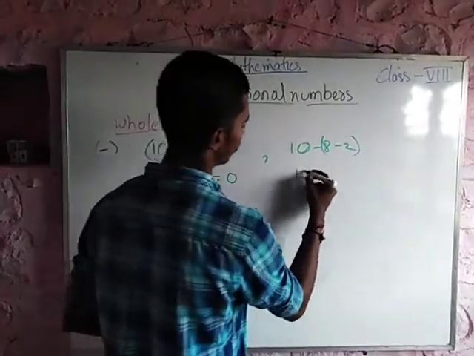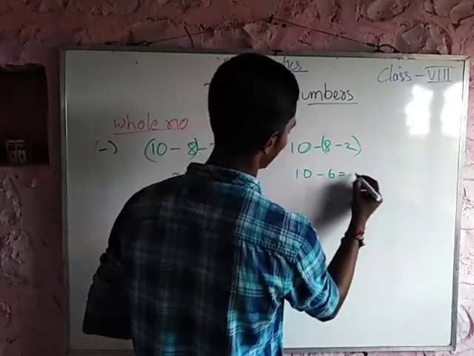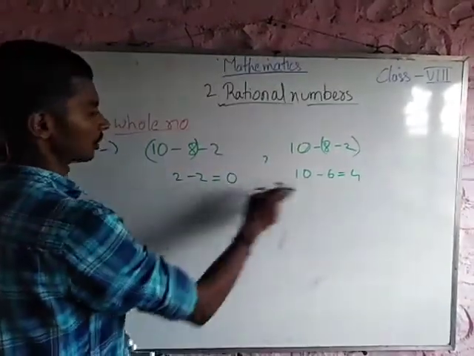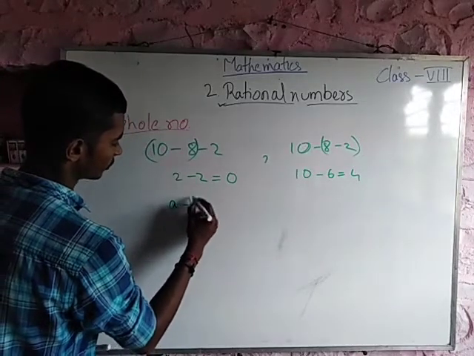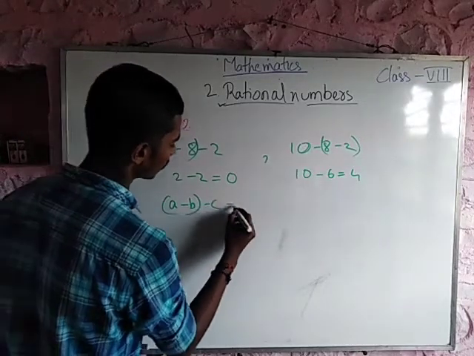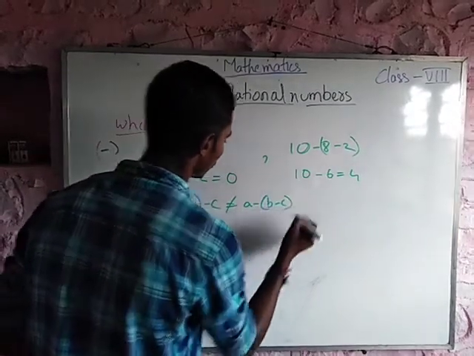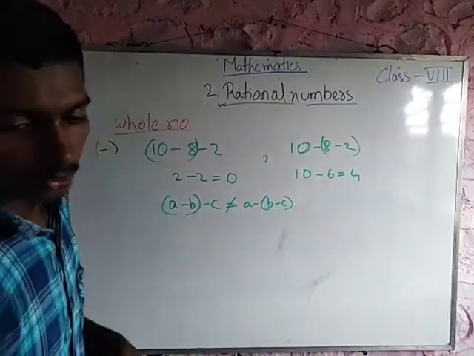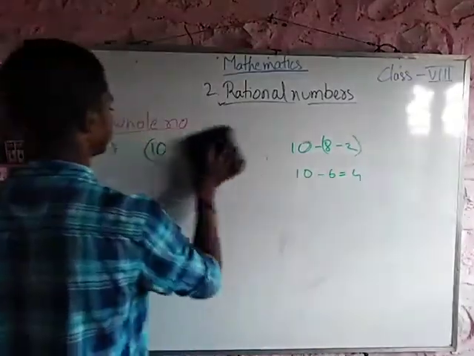Okay, 8 minus 2 is 6, so 10 minus 6 is 4. See, this is not equal to this. So what we can say, A minus B minus C is not equal to A minus B minus C. So whole numbers are not associative under subtraction.